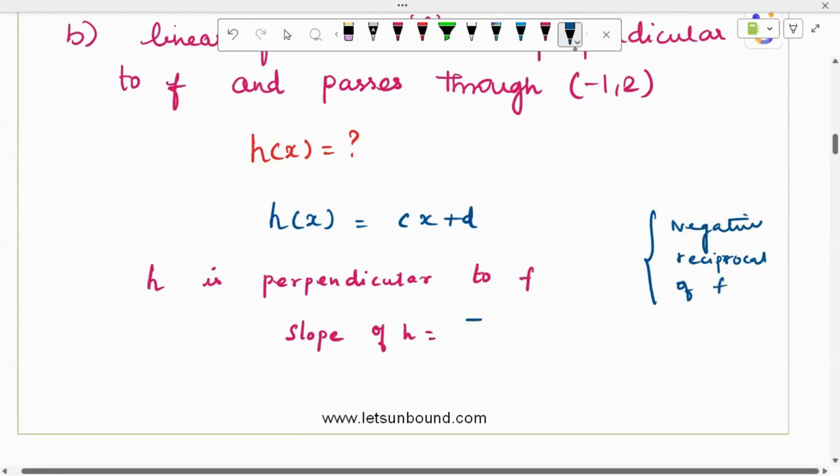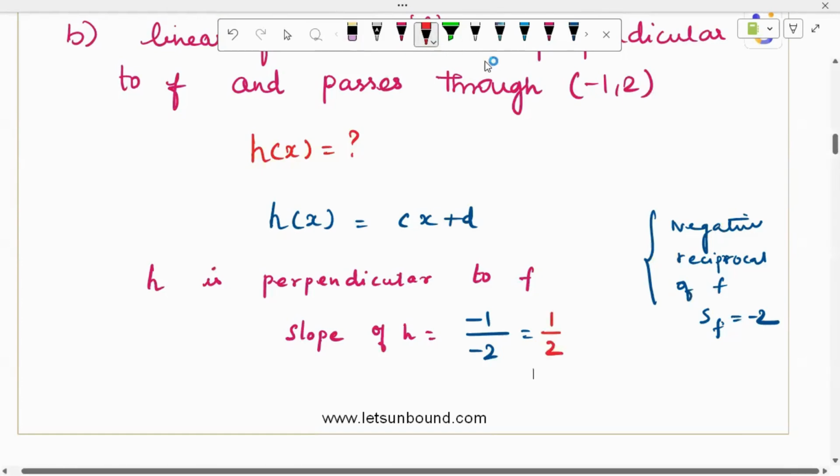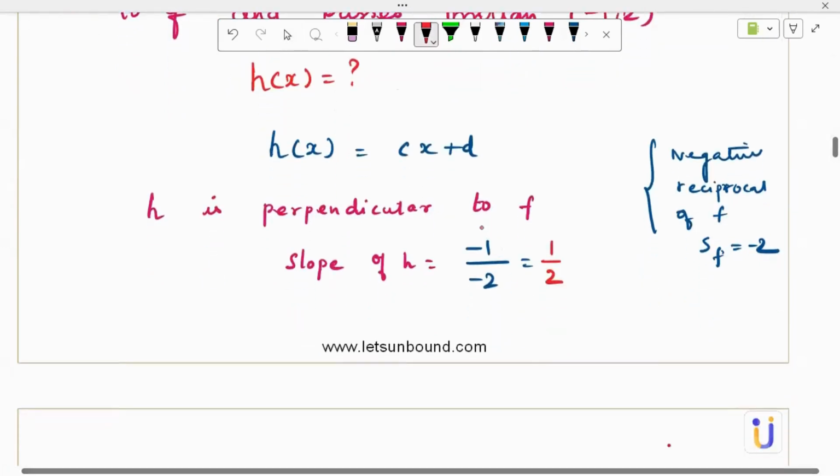So negative 1 by, what is the slope of f? It's minus 2. Do you remember the slope of f is minus 2? So negative and minus 2, we will get a positive 1 by 2. Right? So that's it. We got a slope and h is partially made. h of x is 1 by 2 x plus d.